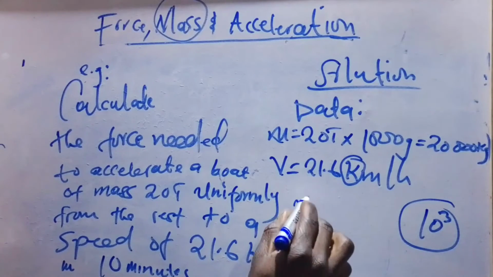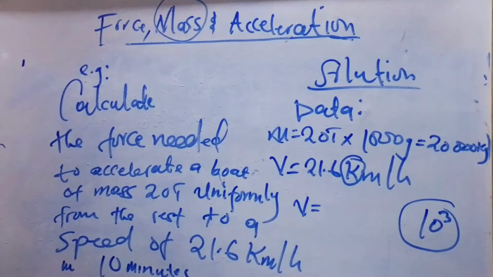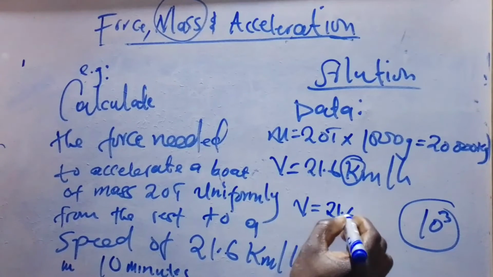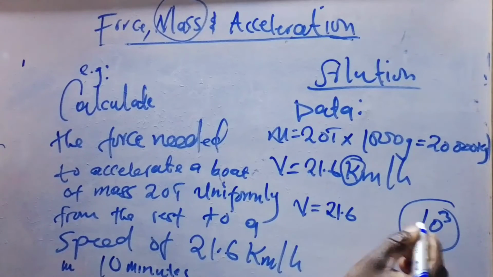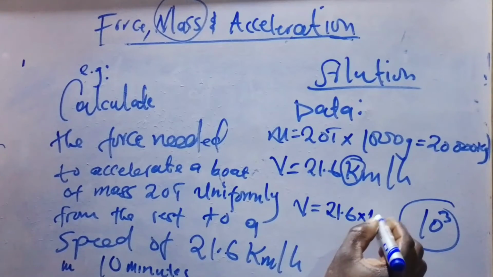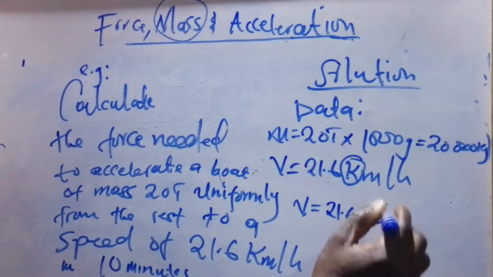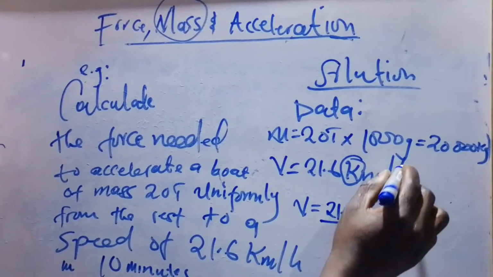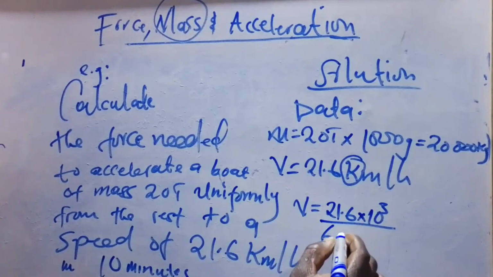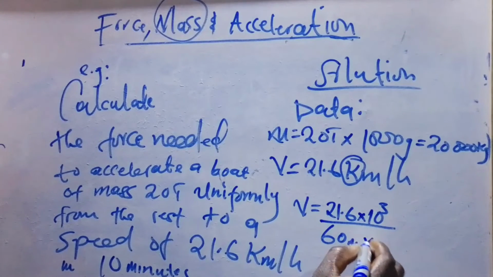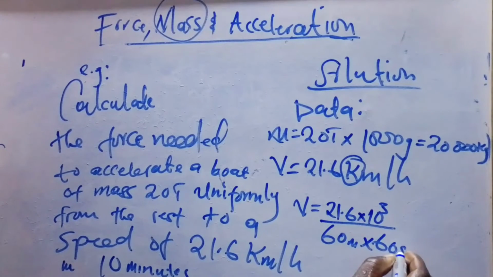So we're going to say V equals 21.6, where this kilo you substitute with 10 power 3, then divided by this hour, which is 60 minutes times 60 seconds.